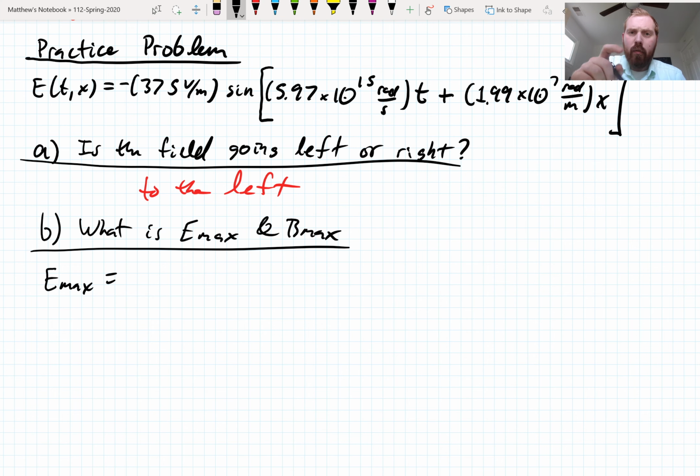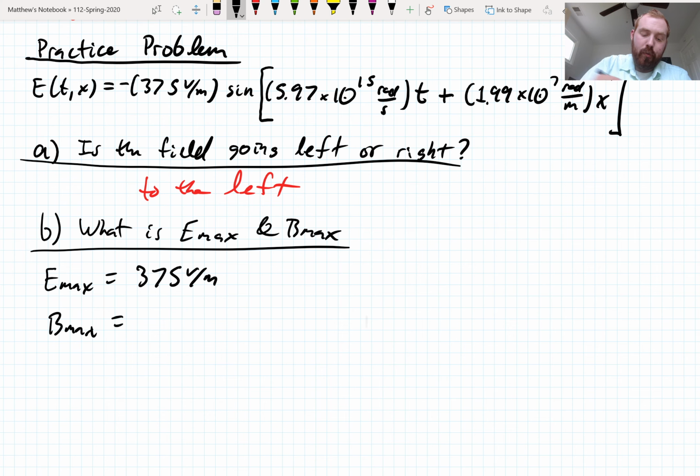Another way to think of it, you can do it as a phase change of the sine function. We can talk more about that later. What do I mean by phase shifts? Basically, take your sine curve and shift where it's at. That's a phase change. And that can be expressed as this minus 1 out front. So altogether, Emax is just going to be the 375 volts per meter.